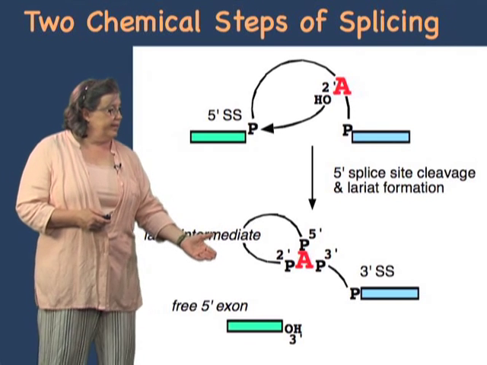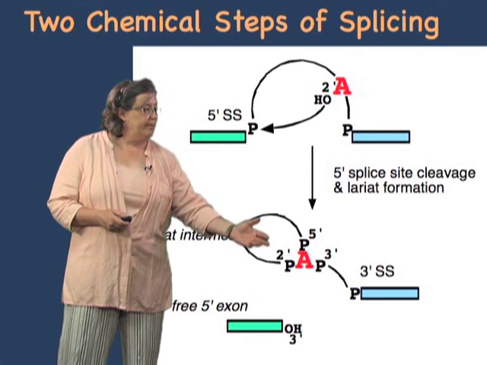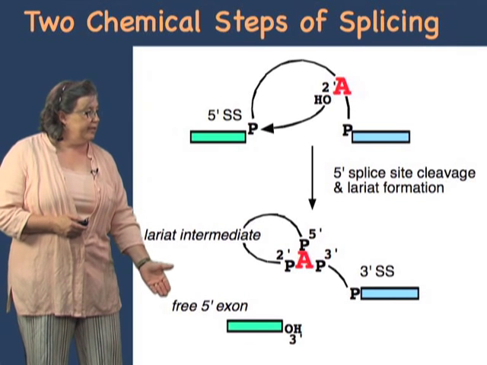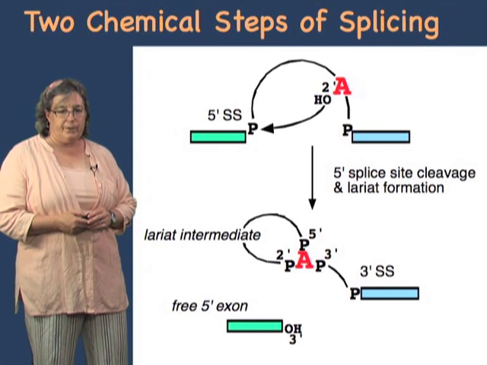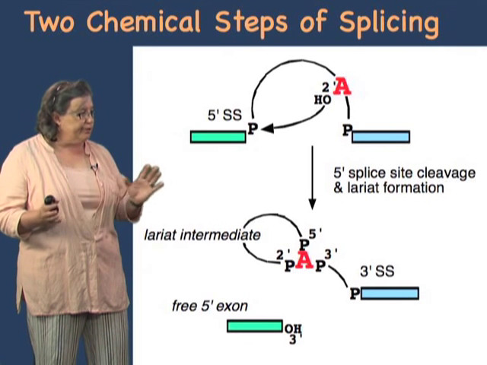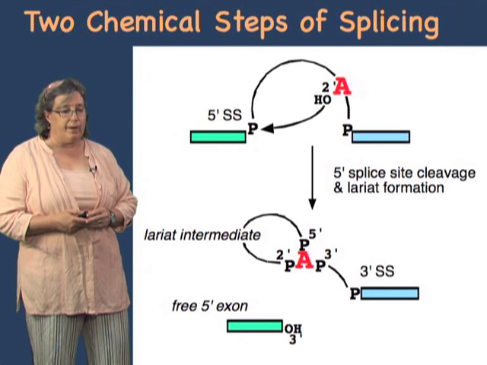That generates a lariat intermediate, which has a 2', a 5', and a 3' phosphate all coming off of that adenosine, and it releases the 5' exon. Now that 5' exon doesn't float away. It's going to be held onto by the splicing machinery, which we'll be talking about in a moment.